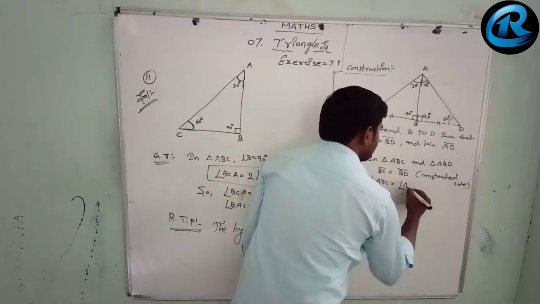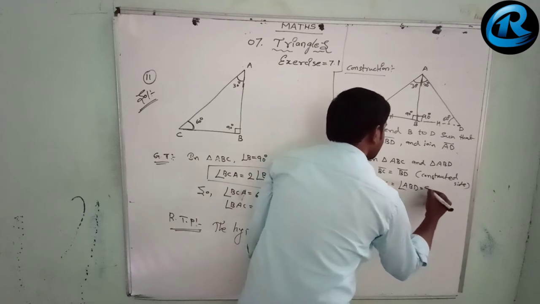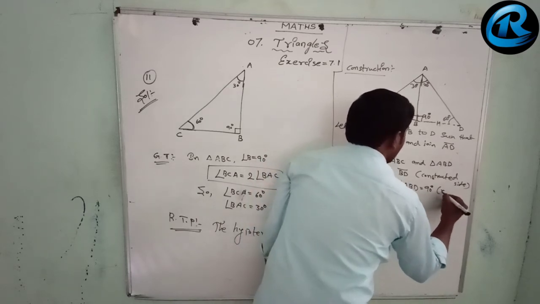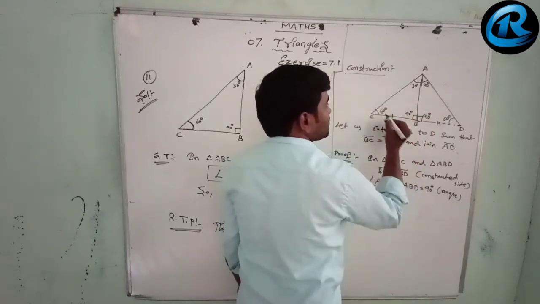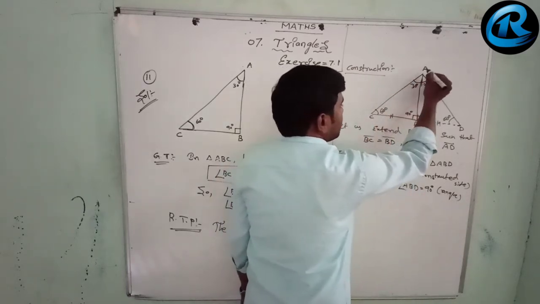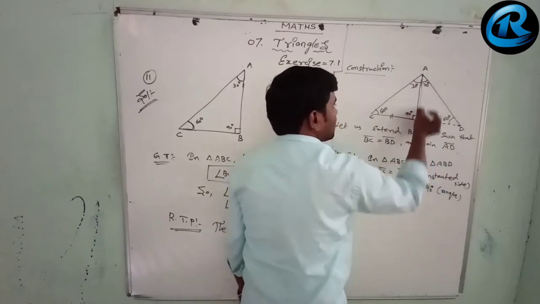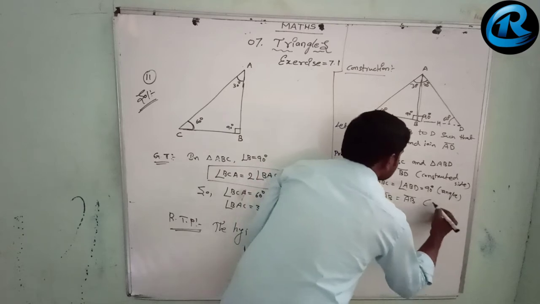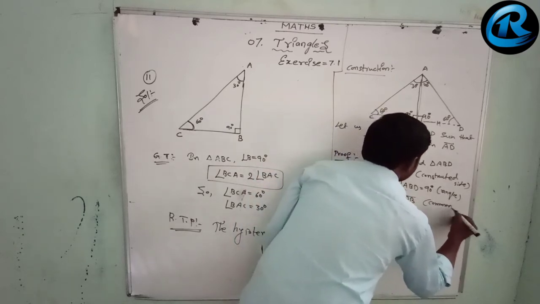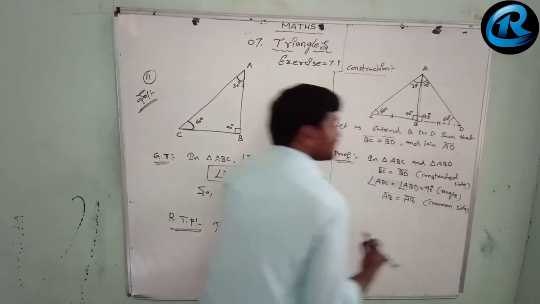Angle ABD equal to 90 degrees, and here AB is a common side. In triangle ABC and triangle ABD, AB equal to AB, a common side.